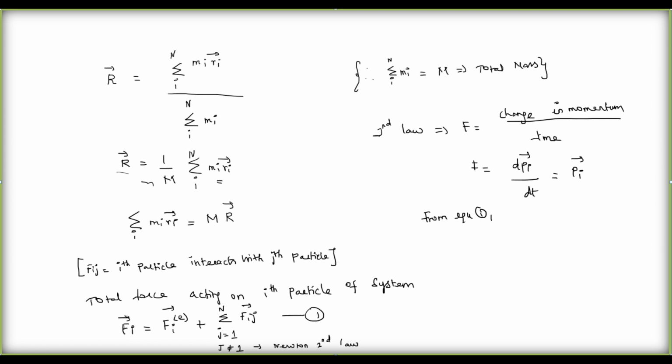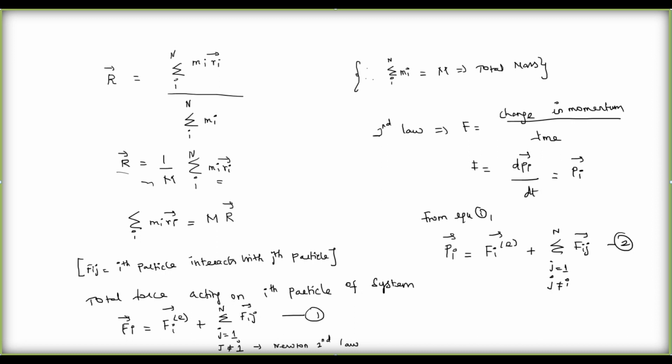F is equal to pi dot vector. So the force can be written as pi dot vector, which is equal to Fi(E), the external force, plus the summation over j equal to 1, with j not equal to i, up to n, of Fij vector. This is equation number 2. So I hope you understand, this is the center of mass with respect to the vector R, which can be written like this. Then we have to follow a similar equation.